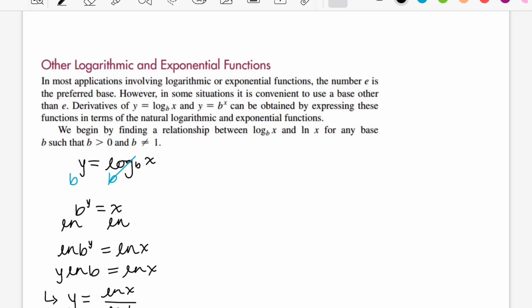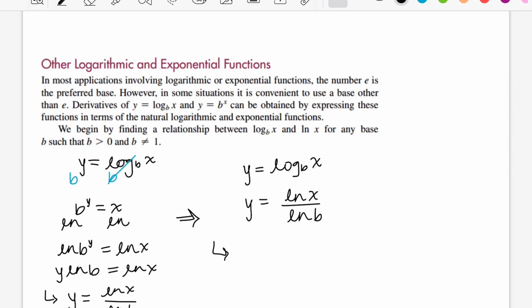All right. So since y is equal to log base b of x, which is what we started with, and we just found that y is equal to ln of x over ln of b, these two are equal.